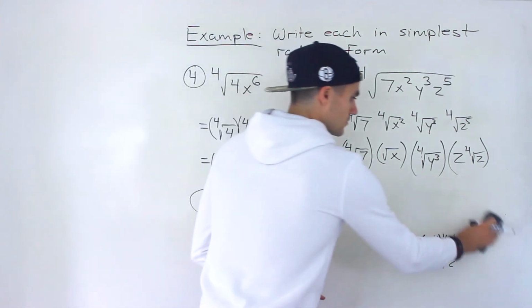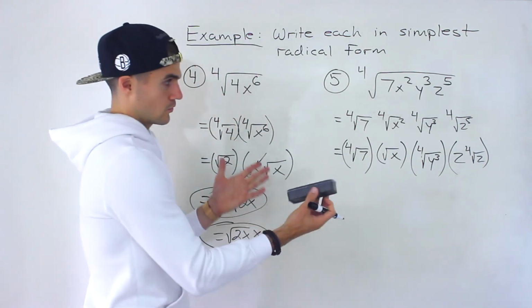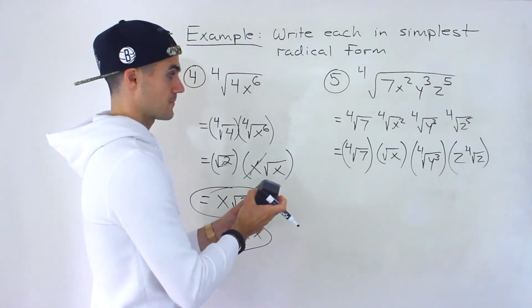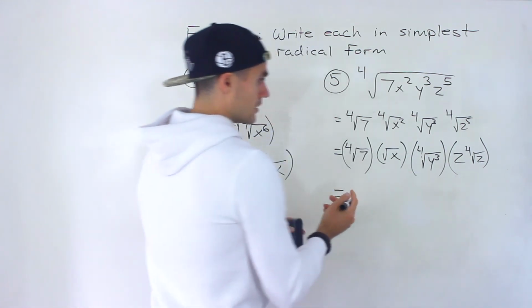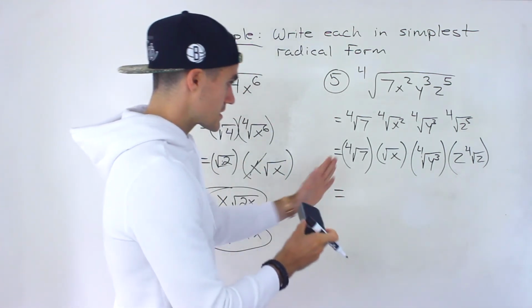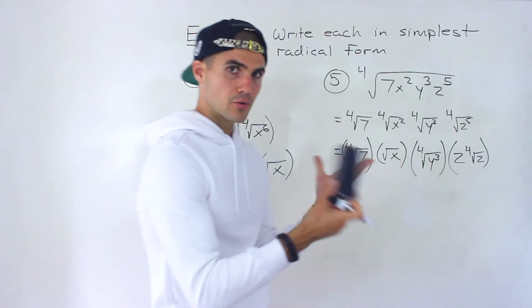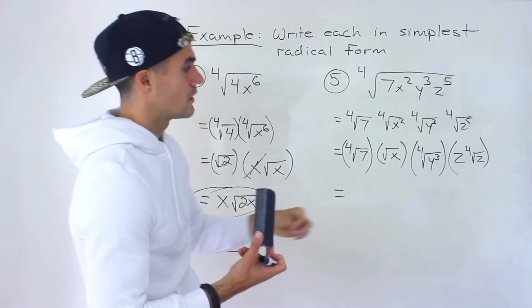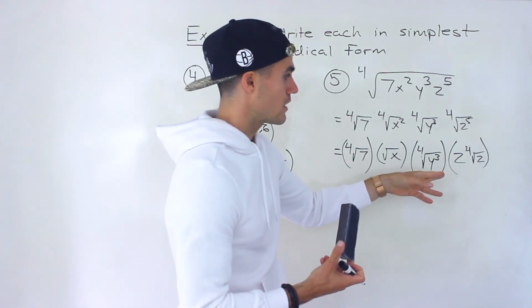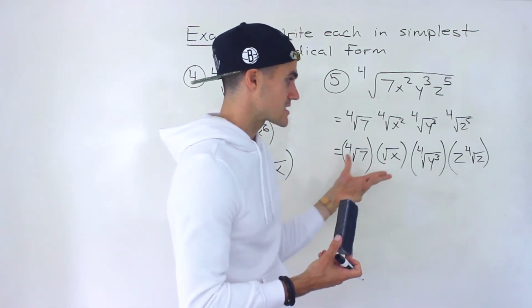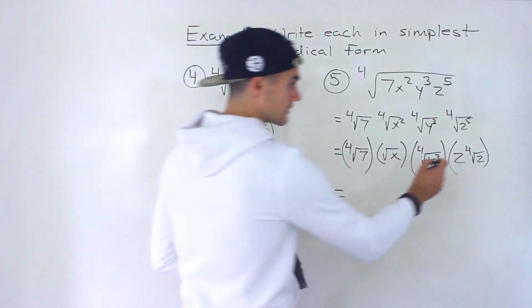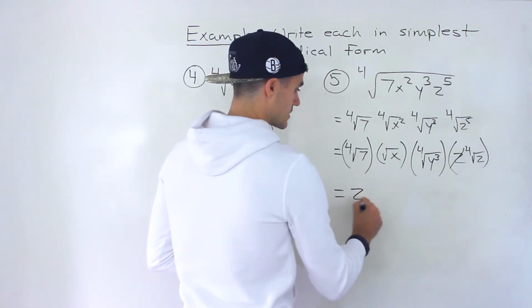All right, so now we have to combine all of these. And so this is the order because again, these are all multiplying, it doesn't matter really which order they're going to be in. Personally, the order I go in is I first start with the expressions that don't have a radical, and that's going to be the z, right? So that's going to go first.